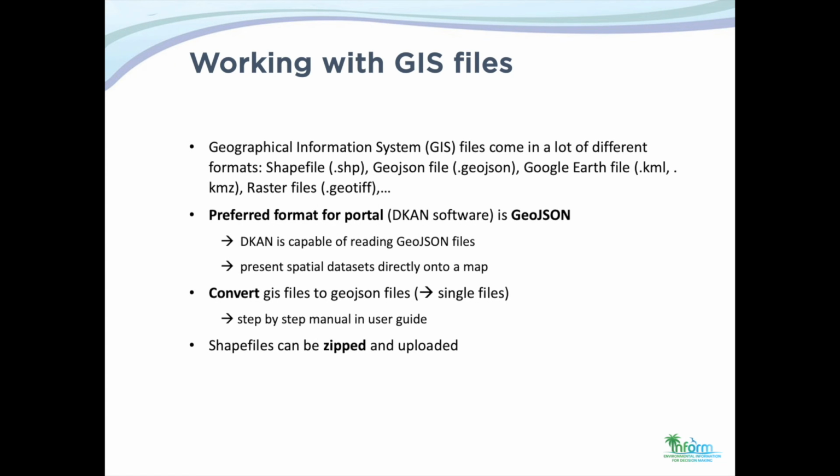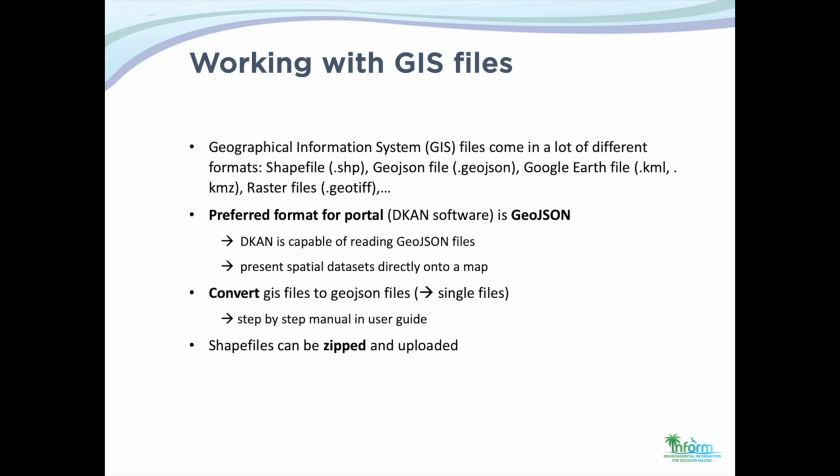Geographical Information System files come in a lot of different formats. To name just a few: Shapefile, GeoJSON file, Google Earth file, raster files. GeoJSON is a common format used for spatial datasets and can be generated using GIS software such as QGIS and ArcGIS.